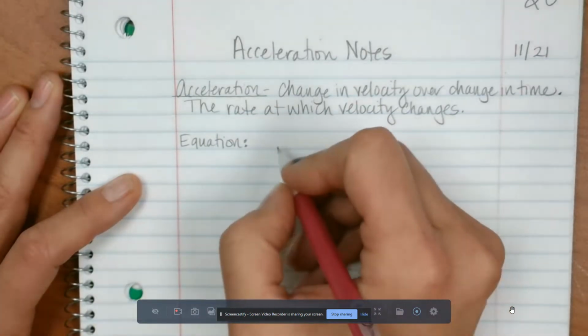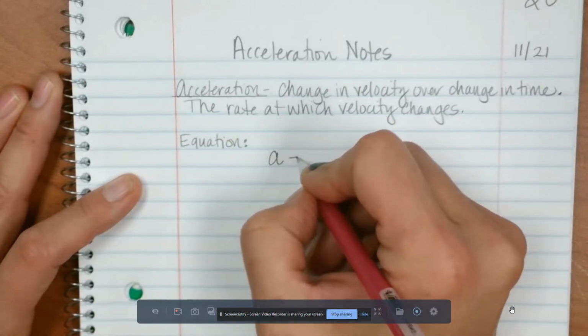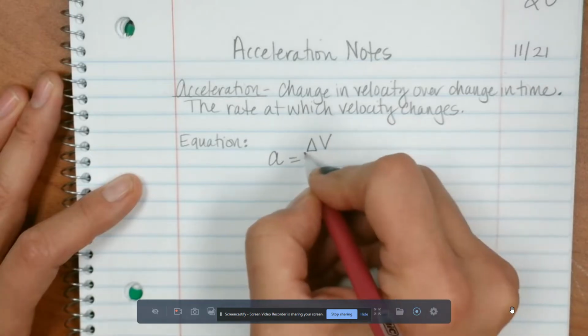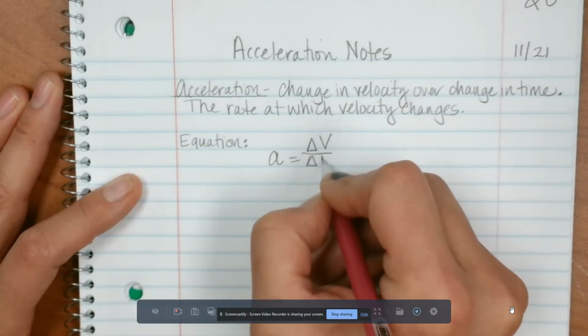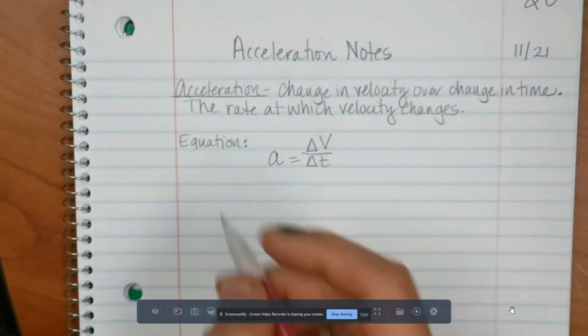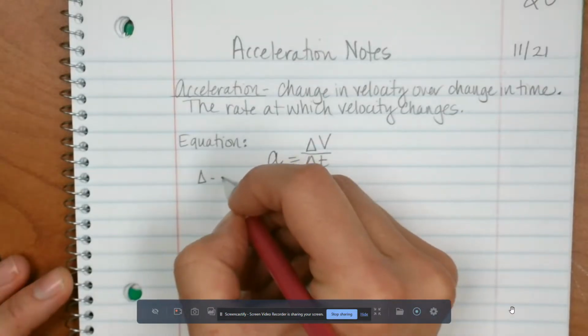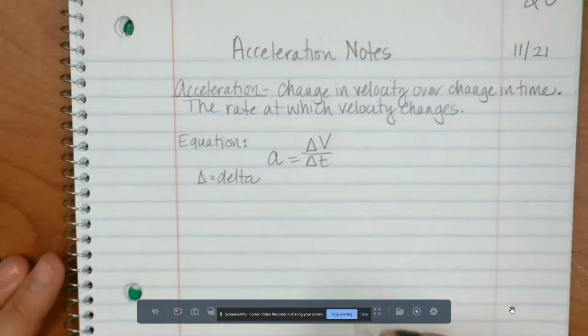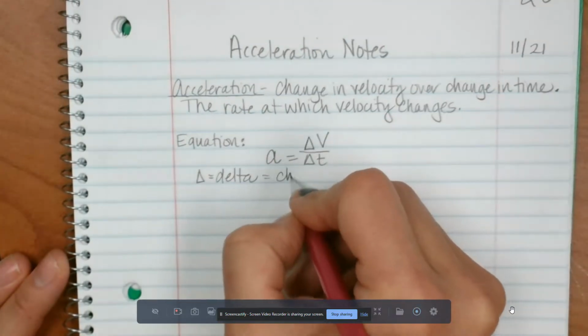And the main equation is acceleration equals delta v over delta t. So the triangle here is delta, and delta equals change in.